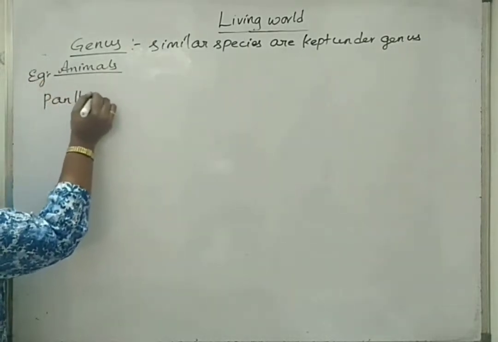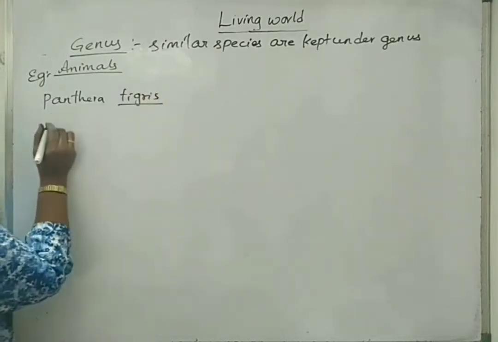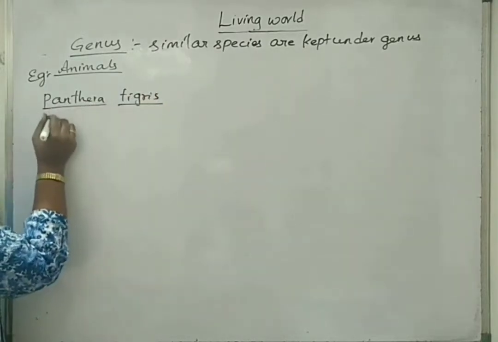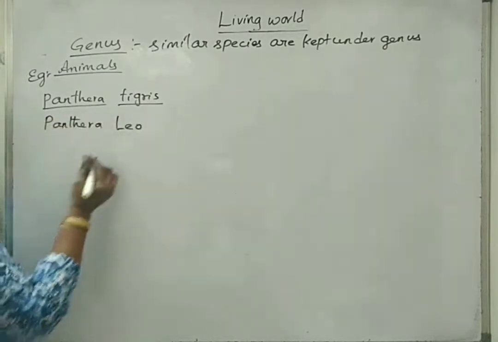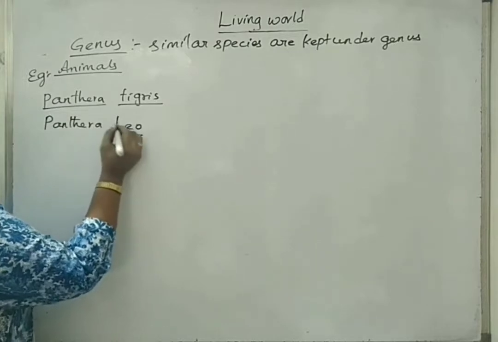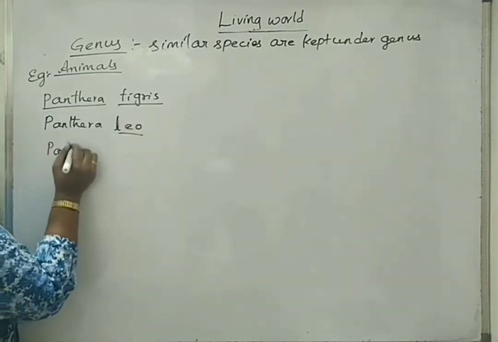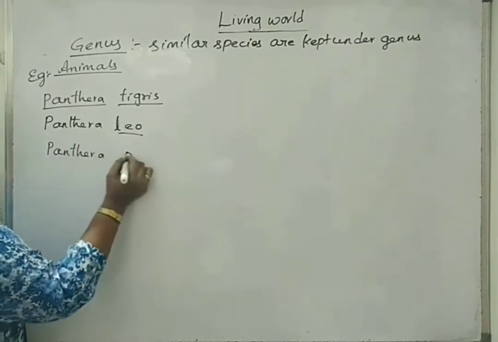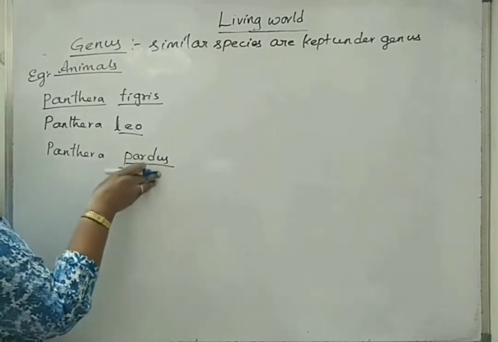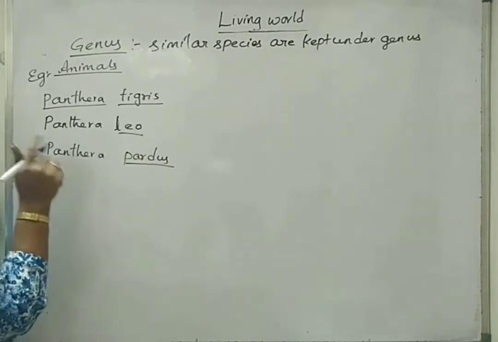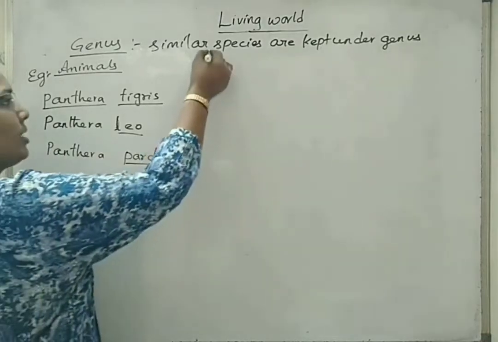Panthera tigris, this is one species, this is genus. Another one, Panthera leo, this is species, this is genus. Panthera pardus, this is species, this is genus. Here the species names are different. They are kept under one similar category, that is genus. This is in case of animals.